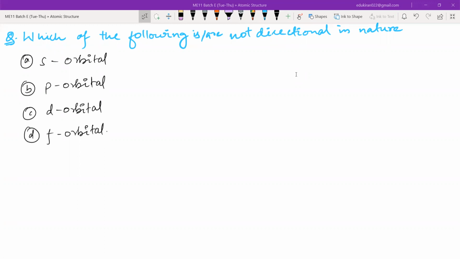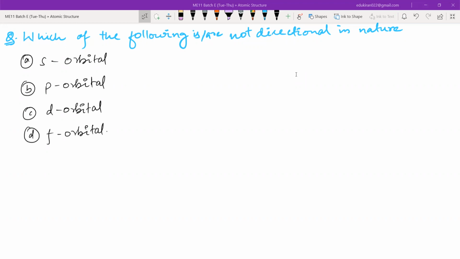Please read everywhere I have written for s orbital, p orbital, and d orbital, and then you have to make a pattern there. Read the notes, you will get the answer. In s orbital only we started directional and non-directional in nature. Please pay attention, Abdul Wahid. Read the s orbital, you will get the answer.